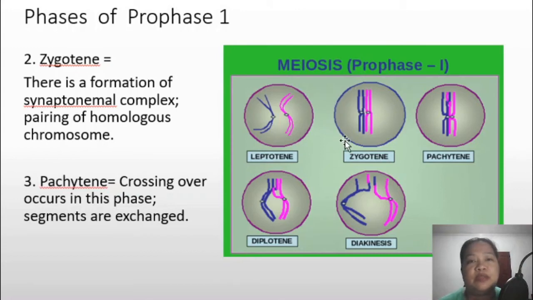They become near each other and start pairing. Next stage is the pachytene, in which the crossing over occurs. Segments are exchanged in each chromosome.